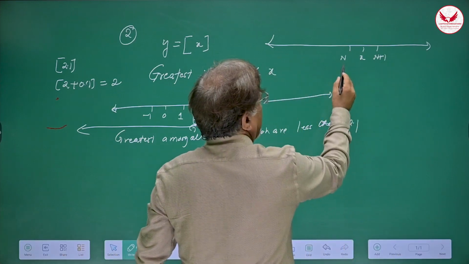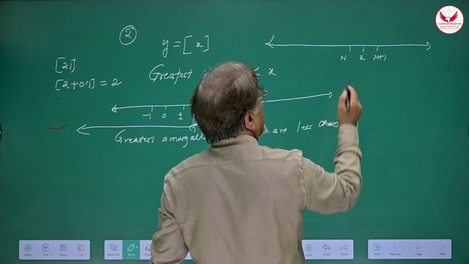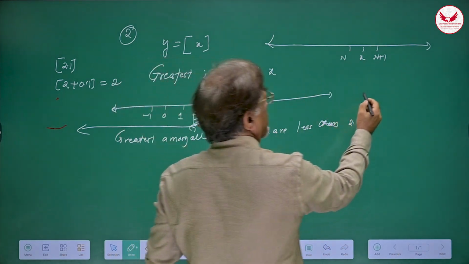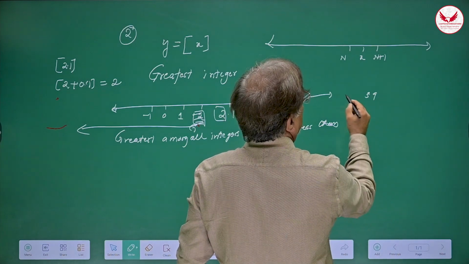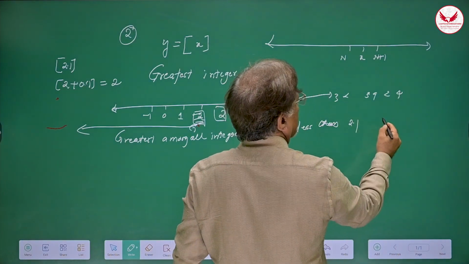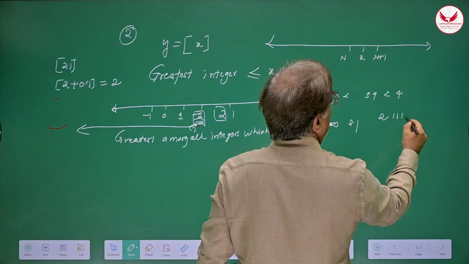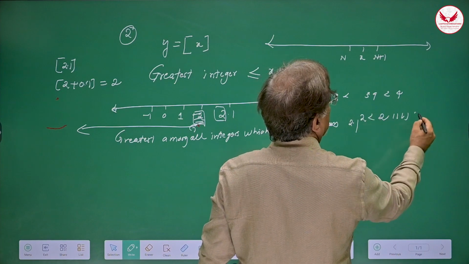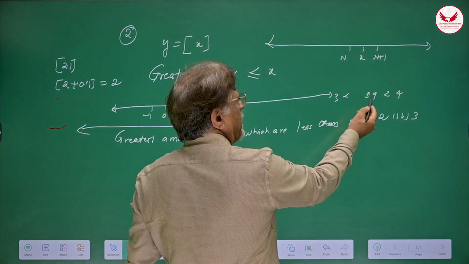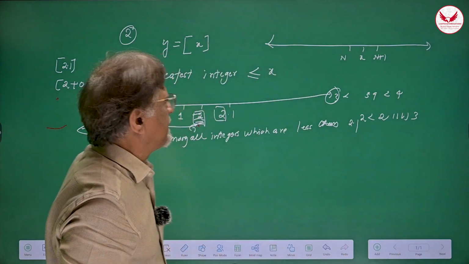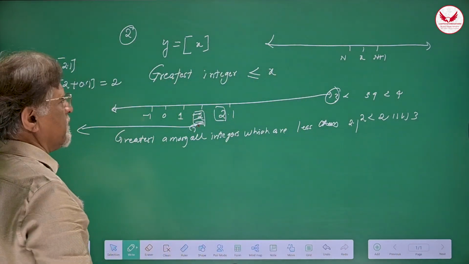So every real number can be trapped in between two consecutive integers. For example, 3.9 is lying between 3 and 4. Correct? 3 and 4. 2.11111 कितना भी होने दो, it lies between what? 2 and 3. Correct? तो ये जो दो इंटीजर्स है उसमें से लेफ्ट वाला इंटीजर हमको पिकअप करना है. Correct? So that is what the greatest integer function is.